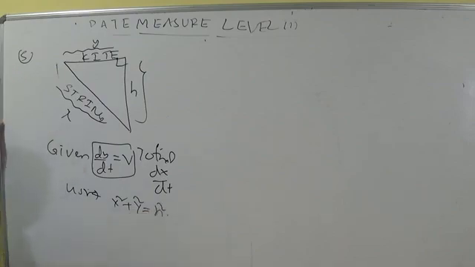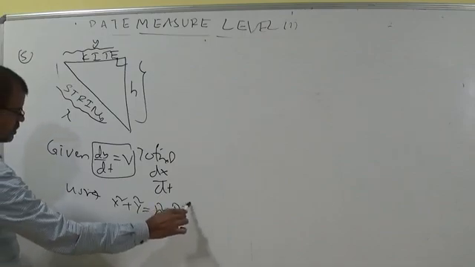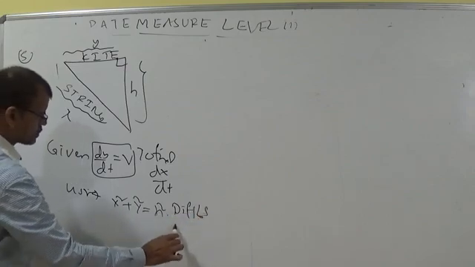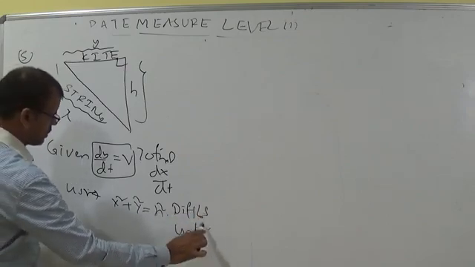H is constant here. dy/dt he has given, dx/dt we should calculate. Now differentiate both sides with respect to t.